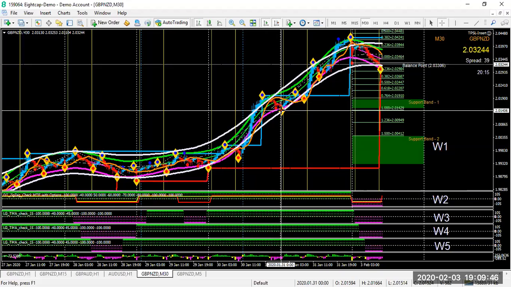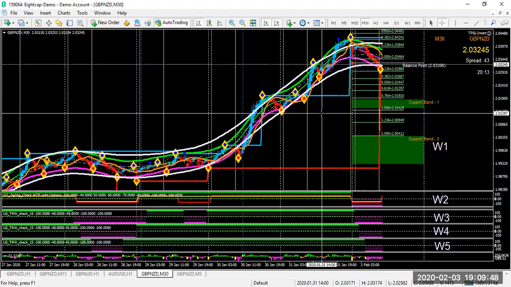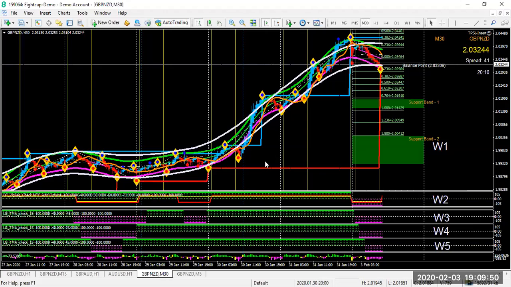Okay, so the settings and the bringing back of the diamonds is to give us an appropriate place where we can re-enter when there's a large momentum move.